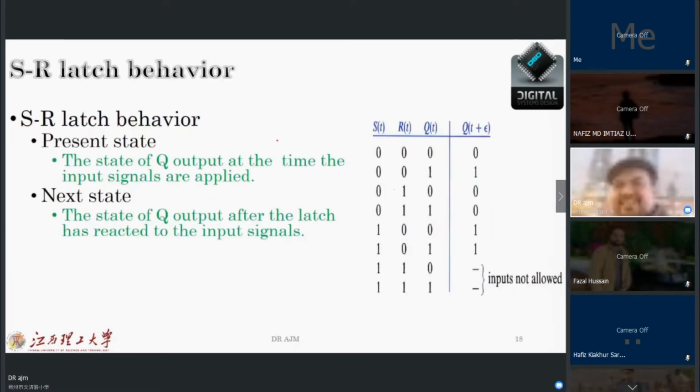Okay. What we say is that for the SR latch we have two situations. One is the present, and one is the next. The next is at some t plus epsilon time, as we define for this type of circuits, the circuits which depend on time.